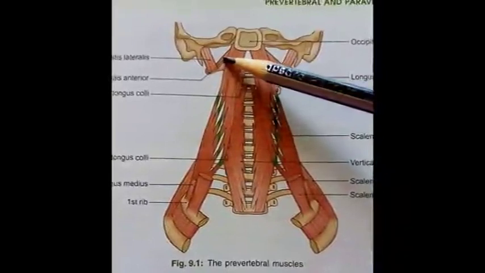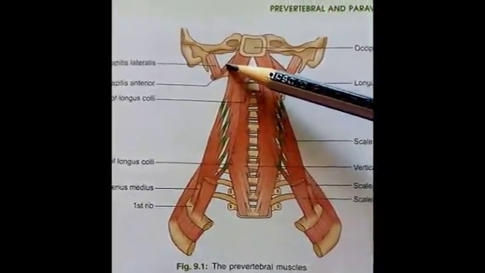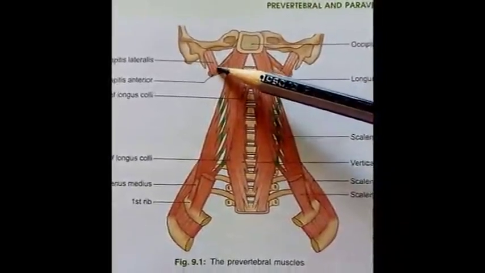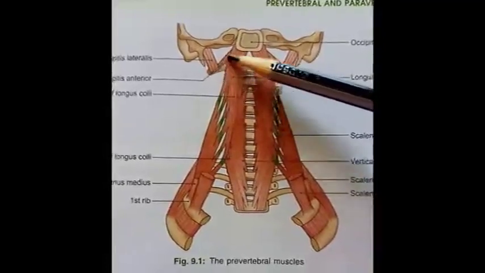This is a very short and flat muscle. It lies deeper to the upper part of longus capitis muscle.